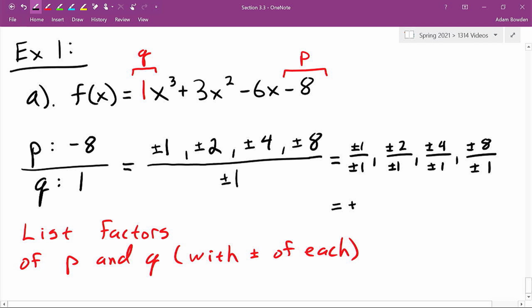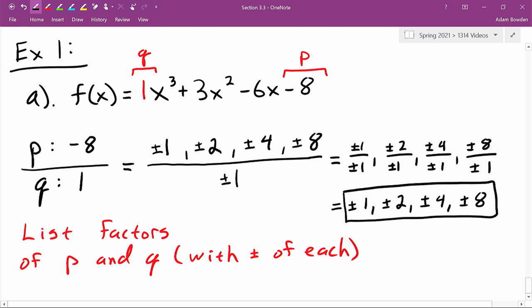And then we just list out, well, 1 divided by 1 is 1, then 2, 4, and 8, all plus or minus. These are what we call the possible rational zeros, or our possible zeros for our function. Later on, we'll go through and see if we can find one that actually is a zero. But for right now, this is just listing it out by the rational zero theorem.